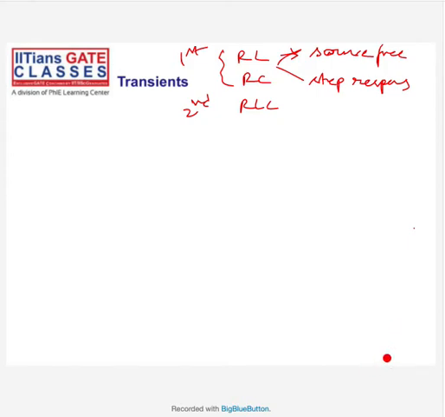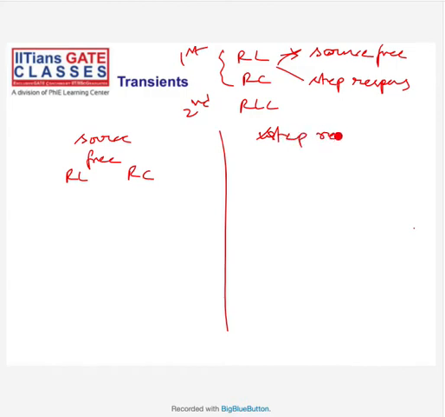So now can you help me fill this table? RL, RC, source free, step response.